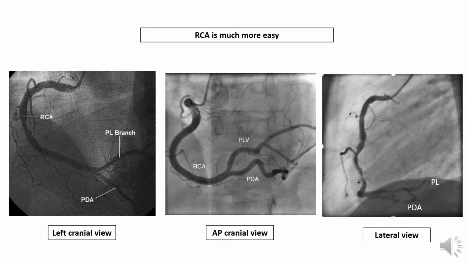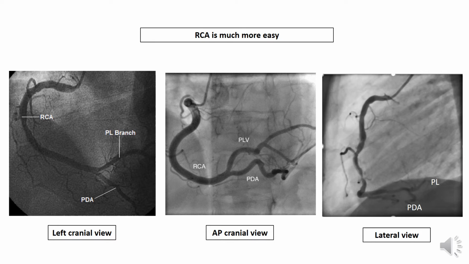The second view is the epicranial view. We are looking anteroposteriorly. As we see here, the vertebral column is seen in the middle of the view, and this view actually straightens the distal segment of the RCA and its terminal branches, posterolateral and PDA branches.